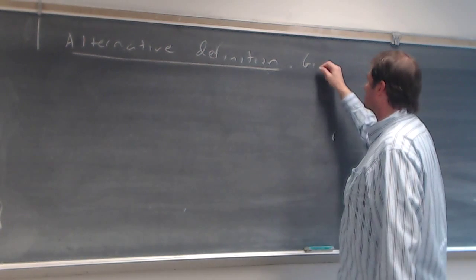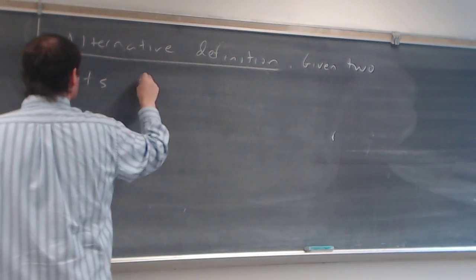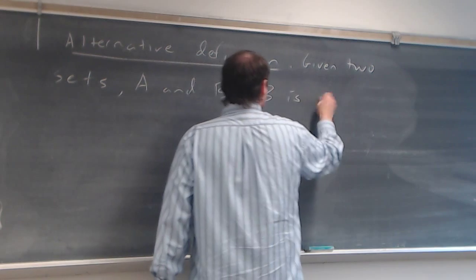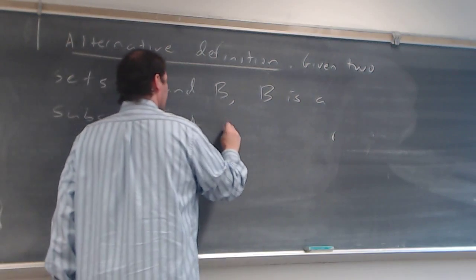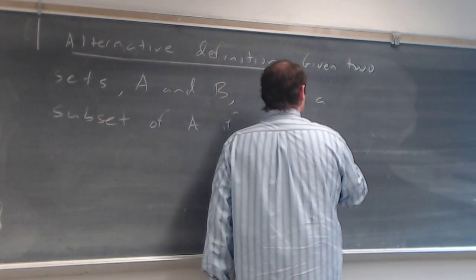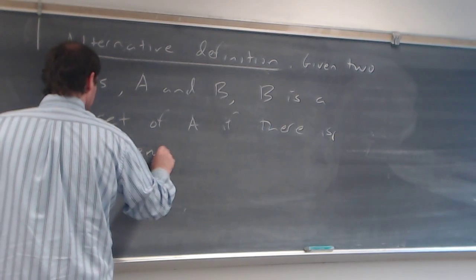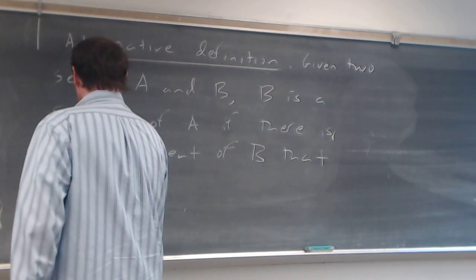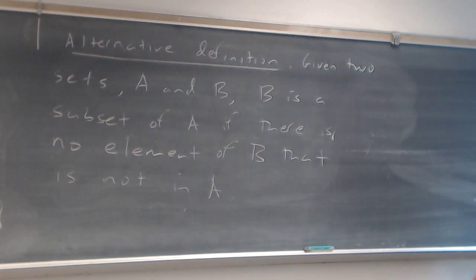Given two sets, A and B, B is a subset of A if there is no element of B that is not in A. So B is going to be a subset of A if you can't find anything, if there's nothing in B that's not in A.